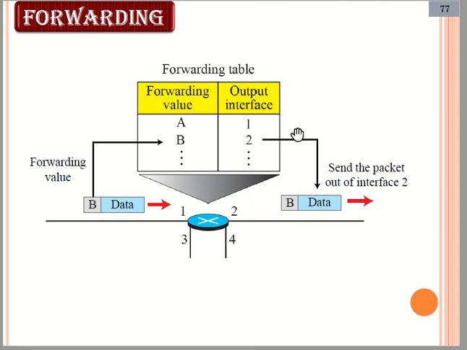So it is going to send the packet through interface 2. Each router will be maintaining this forwarding table, or routing table, wherein for each incoming frame it will have an entry for the outgoing interface. That will be referred to by the router, and then it is going to output the frame on that particular interface.